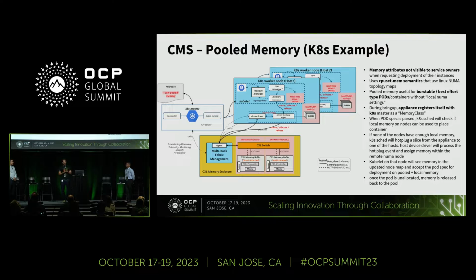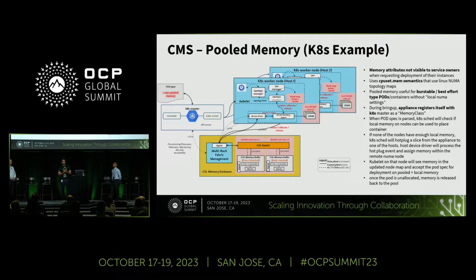Given that, the way I was thinking about this topology was you have this memory appliance that registers itself with the Kubernetes master. This draws inspiration from how the storage vendors have done it, where it shows up as an appliance or an object class within the Kubernetes master and allows you to create slices of memory using the knobs in the Kubernetes master. All of this will be bundled, managed and orchestrated by the Kubernetes master.